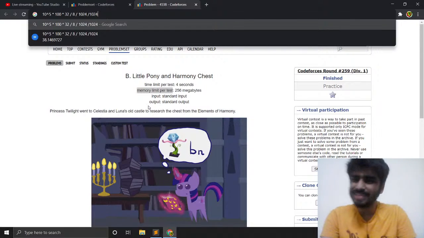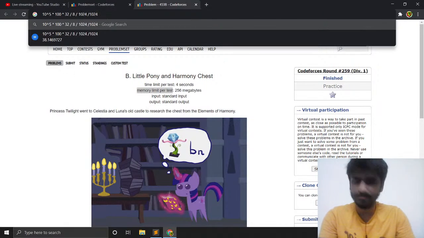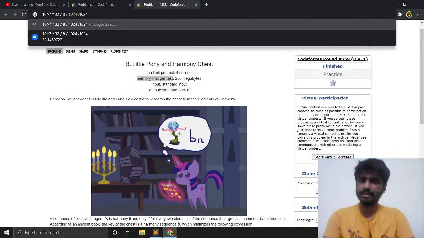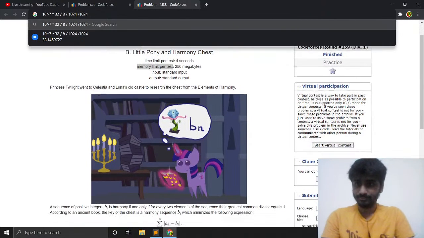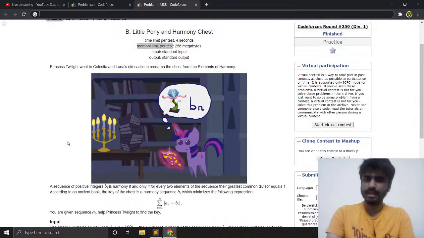Oh, it's just 38 MB? Really? 10 to power 7 integers are just 38 MB? Okay, so I think I can do a recursive DP as well. That will obviously be easier. Okay, so let's just do that.